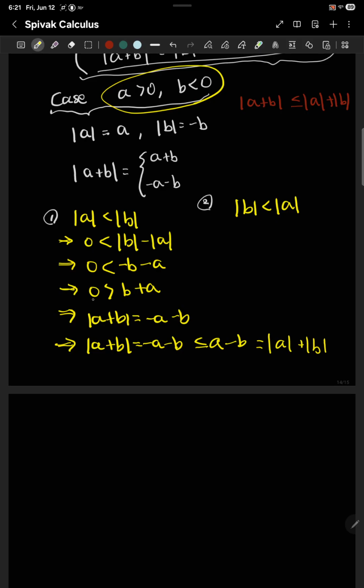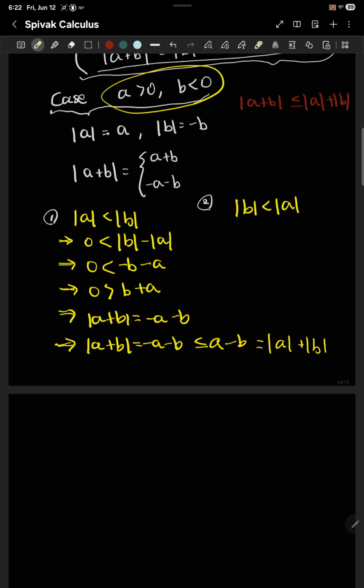So that means the negative of B plus A is in P, which in other words, B plus A is less than 0, right?